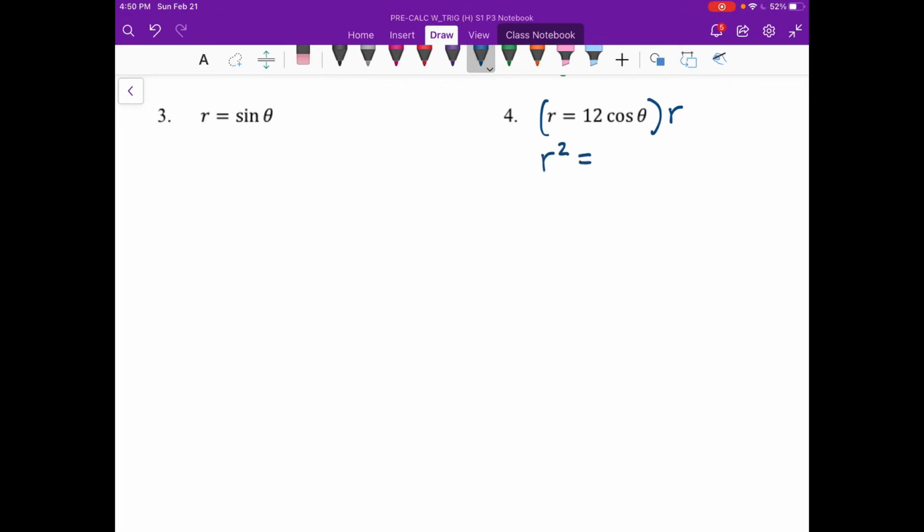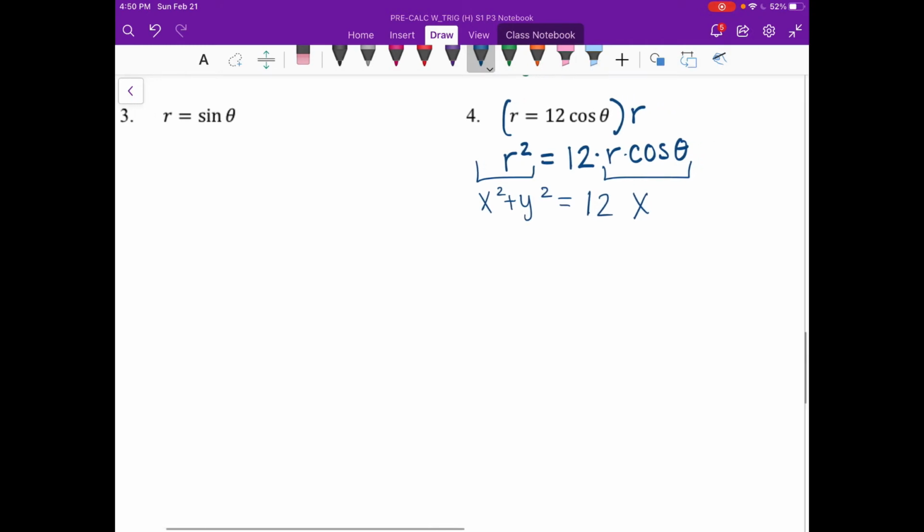So that's still going to give me an r squared on the left, and in the middle, I'm going to get 12 times r cosine theta. You can write that in a different order, but hopefully this helps you see that r times cosine can be replaced with an x, which eventually I want, just x's and y's. And the r squared is x squared plus y squared. So I'm getting a little bit closer.